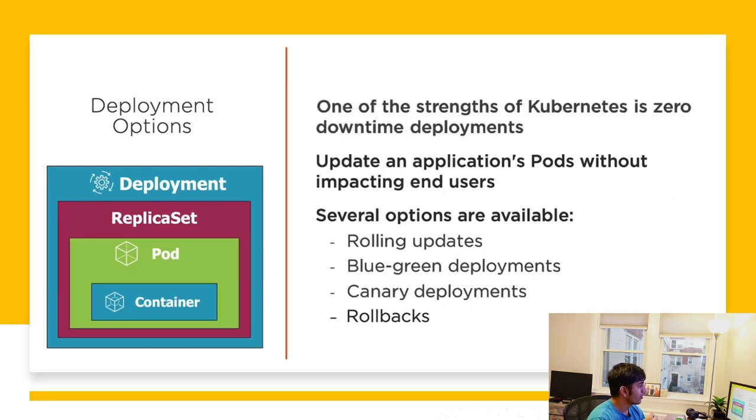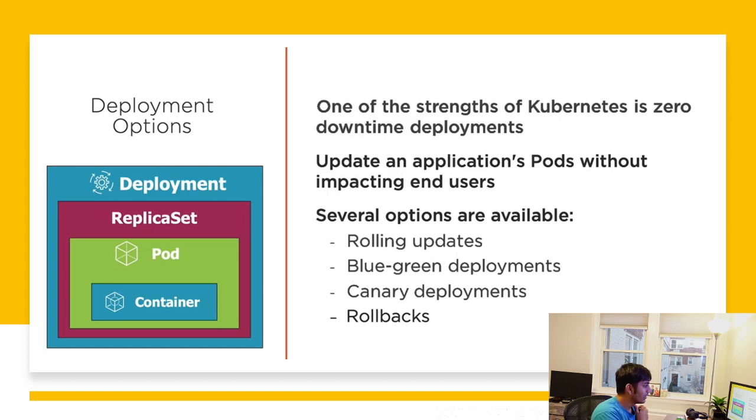One of the strengths of Kubernetes is zero downtime deployments. This is where I was talking about rolling back and all. Remember, you update an application pod without impacting the end user. That means, let's say you have an API version and now you want to deploy a new version. In the old days, you would take the old one down and then start the new one, so there was downtime. Kubernetes can do that with zero downtime.